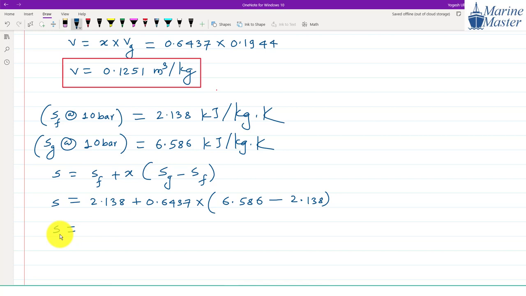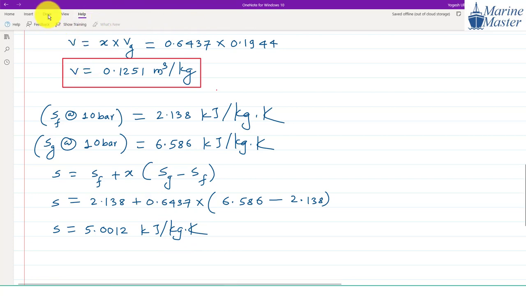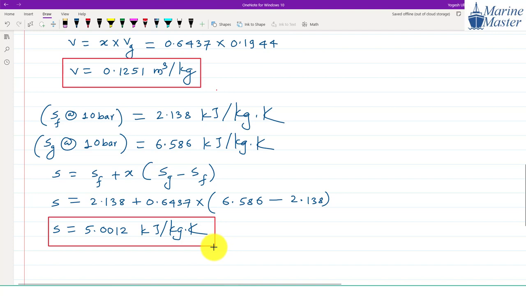So if you do the calculation, the value of S we are getting is 5.0012 unit kilojoule per kg Kelvin. So we got the value of entropy, guys. Before going further, please write down this discussion of entropy. That is our C part answer.